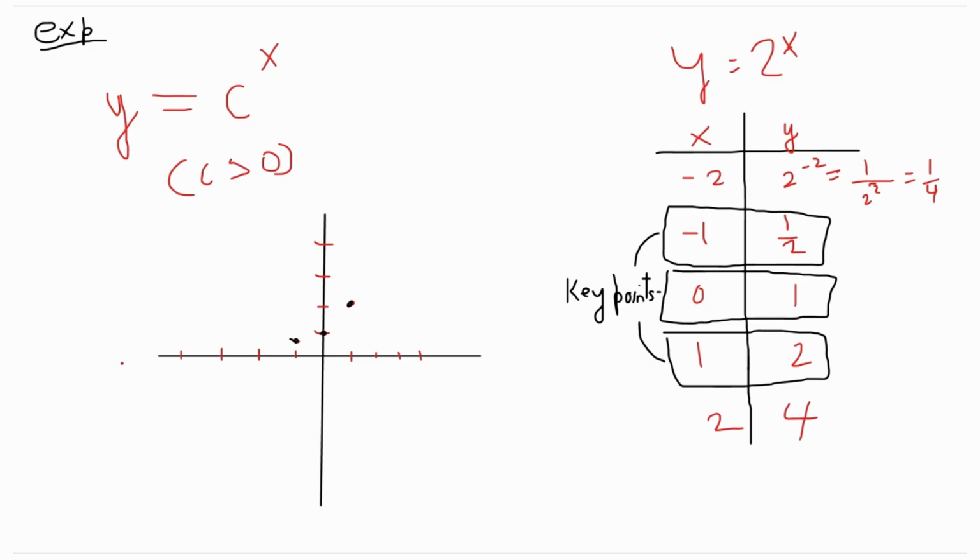So there's always an asymptote at y equals 0. And so your graph looks like this. Okay, so these are the points negative 1, 1/2, 0, 1, and 1, 2.